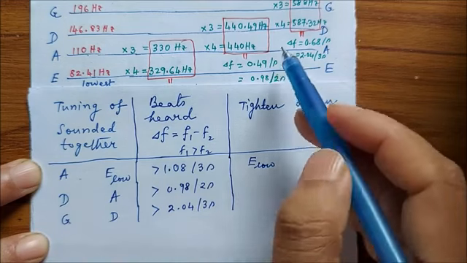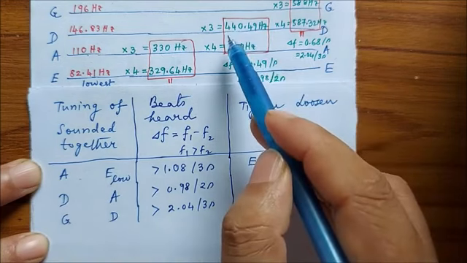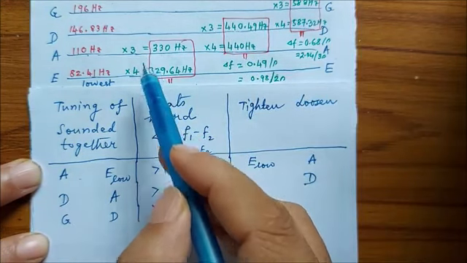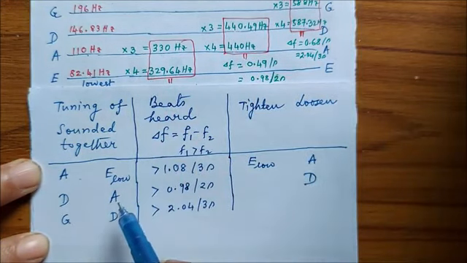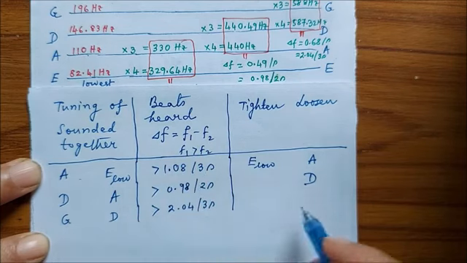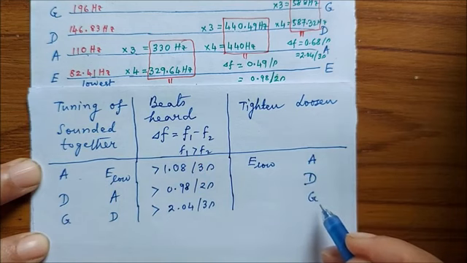Suppose they are detuned. G is detuned to D. Now D has already been tuned with respect to A or E. So the task is to adjust the frequency of G, which is the higher of the two, and therefore we have to diminish the frequency of G, and that can be done by loosening it.